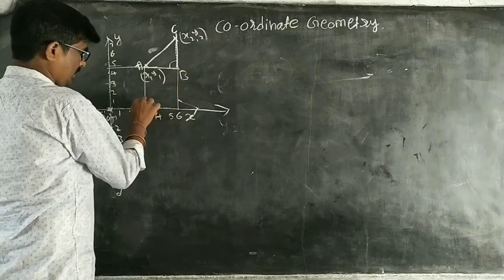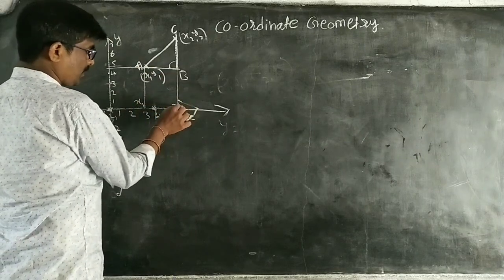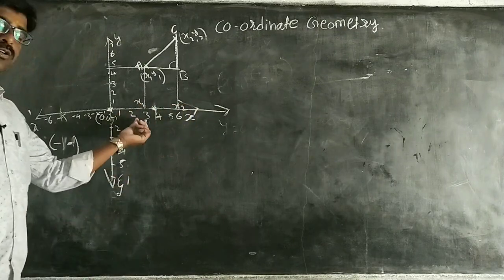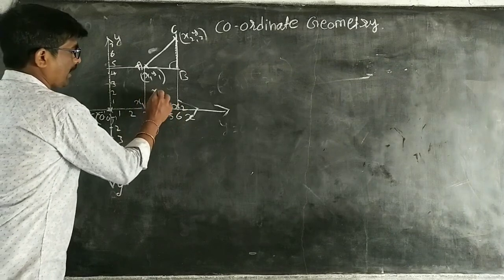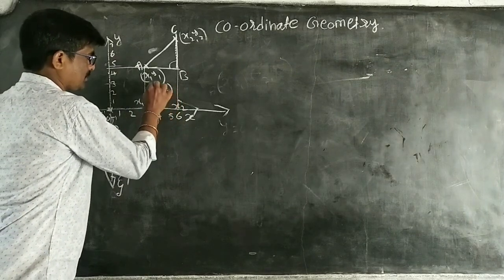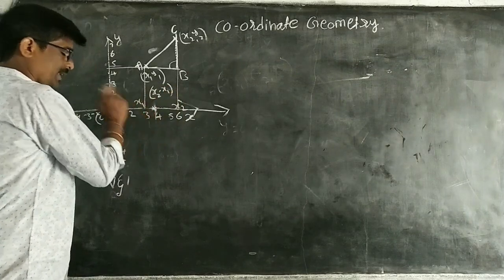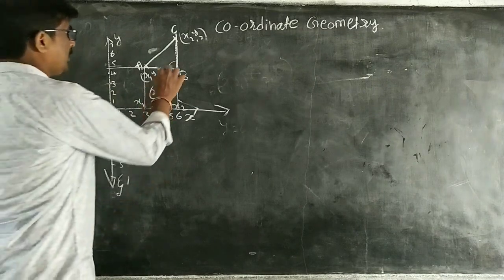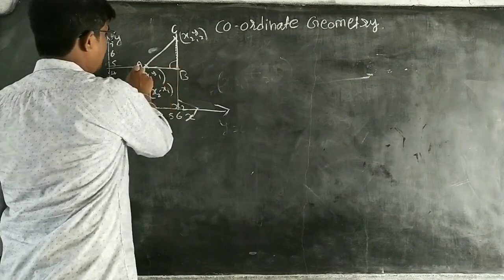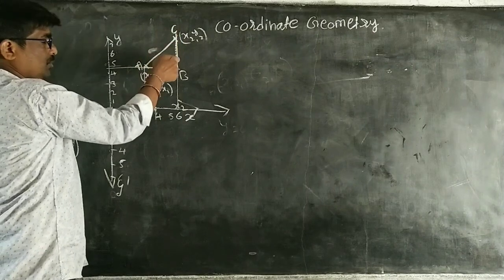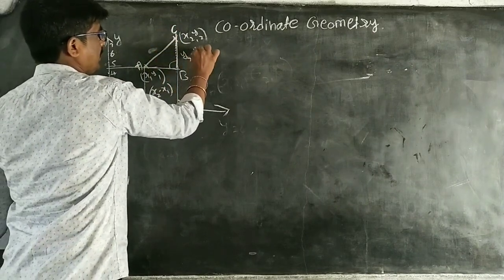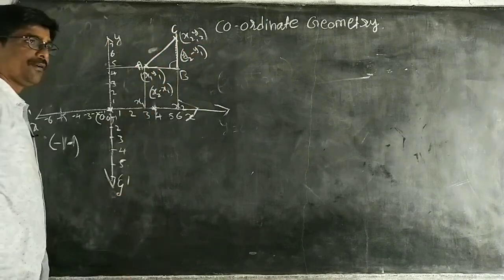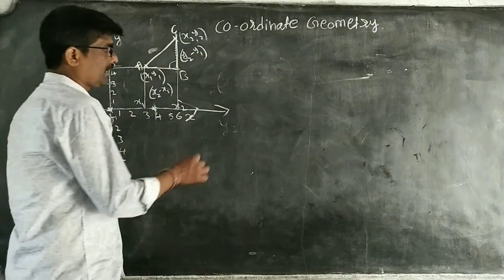Here the x distance: this represents x coordinate x1, this is x2. These two points' distance is x2 minus x1. Similarly, here the y coordinates are y1 and y2. So this distance is equal to y2 minus y1. Okay. Now what is the Pythagoras theorem?